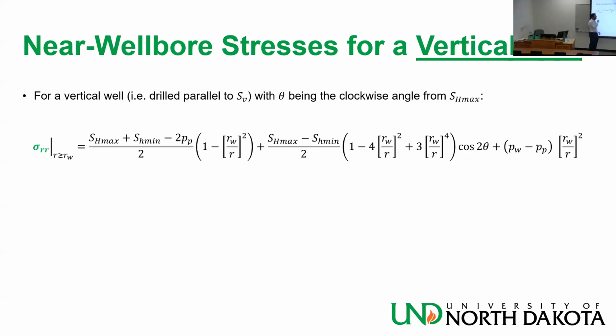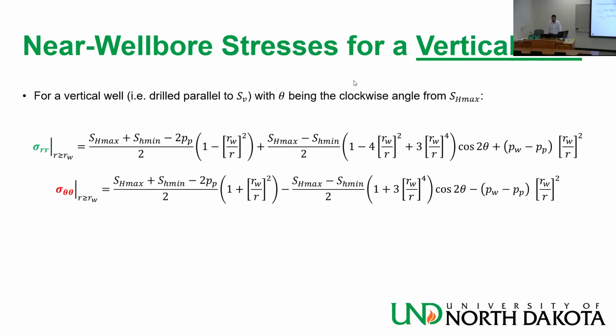If you know the values, just plug them in: r, rw, SH max, SH min, PP, PW, and theta. Then you find the value of sigma r. This is how you find sigma theta theta, and this is how you find sigma zz. How does it look? It's not complicated. It's not your first time looking at it, get used to it, it's pretty easy, especially when you have all the numbers.